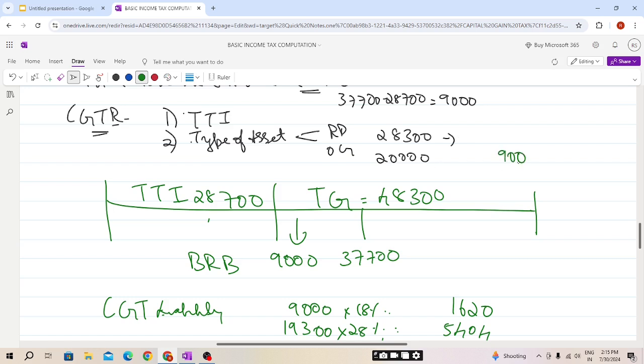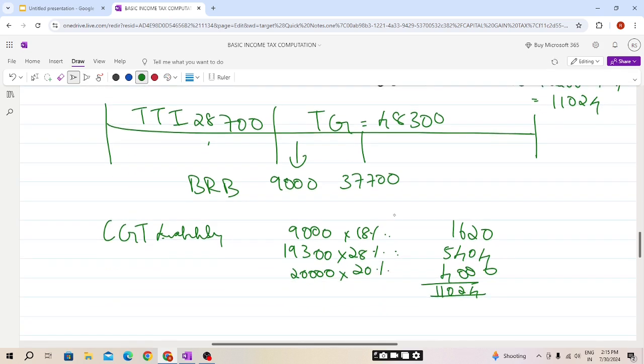Then the remaining 11,000 will be taxed at 20%, which is 2,200, and then the remainder of the residential gain will be taxed at 28%, which is 7,924. This gives rise to tax of 11,024.